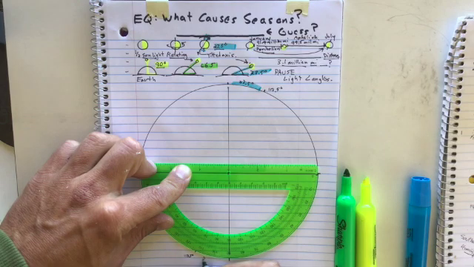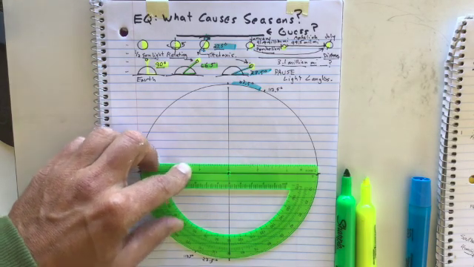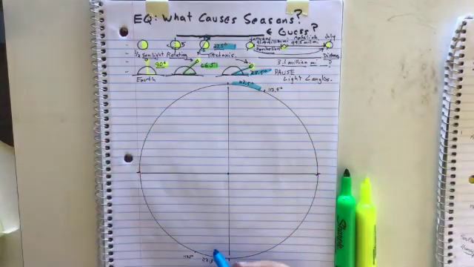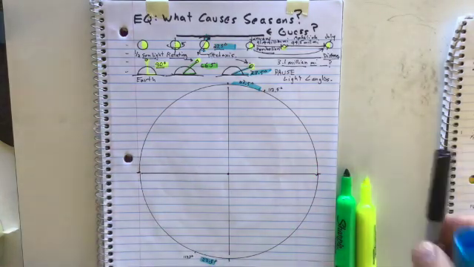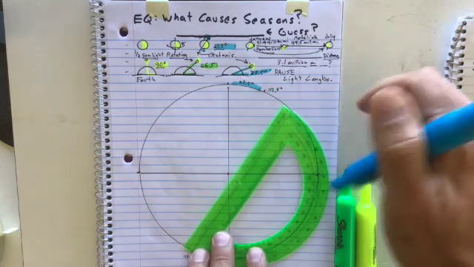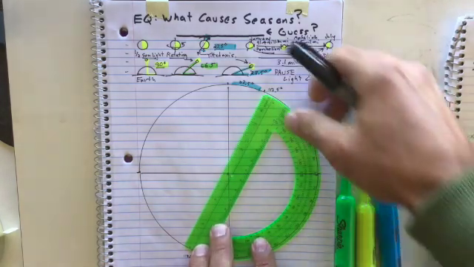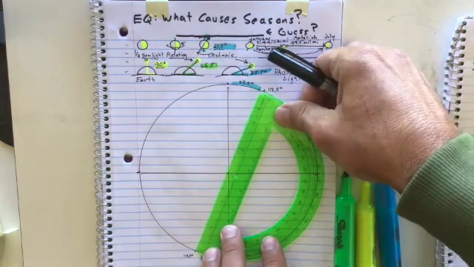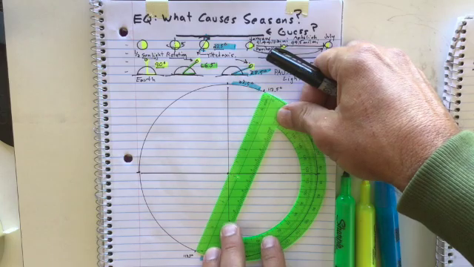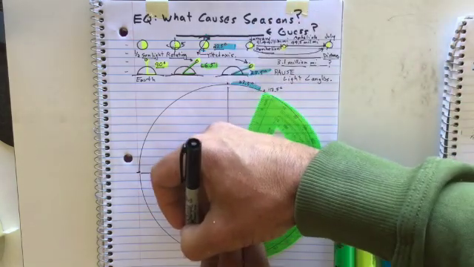And this angle here is 23.5 degrees again. So we'll mark that in blue, and then we'll use our protractor like a ruler again and draw a line connecting our new tilted axis.